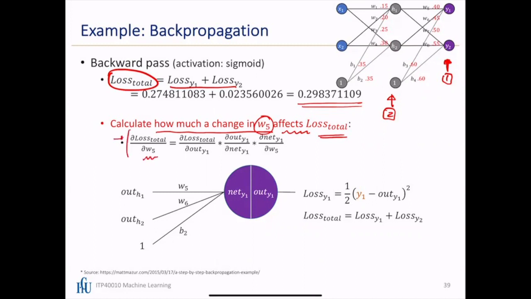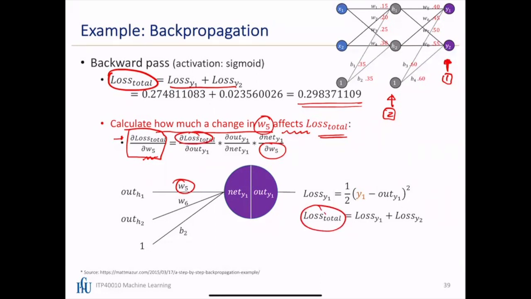That is represented in terms of this partial derivative. So you take the derivative of loss total with respect to W5. So that's the idea. But doing this is not straightforward, so what we use here is the chain rule. W5 is here, and total error is the summation of loss y1 and loss y2.